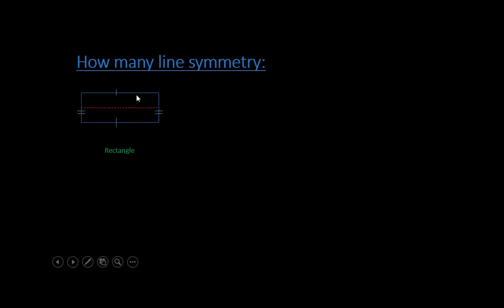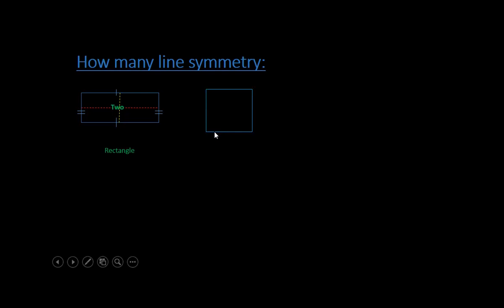The bottom and the top are equal, see? And then we can also divide vertically from the middle of the shape. This part is equal to this part, and at the same time this is a mirror for this part. That means it's a reflection. From this we can say that we have two lines of symmetry, in red and in yellow.